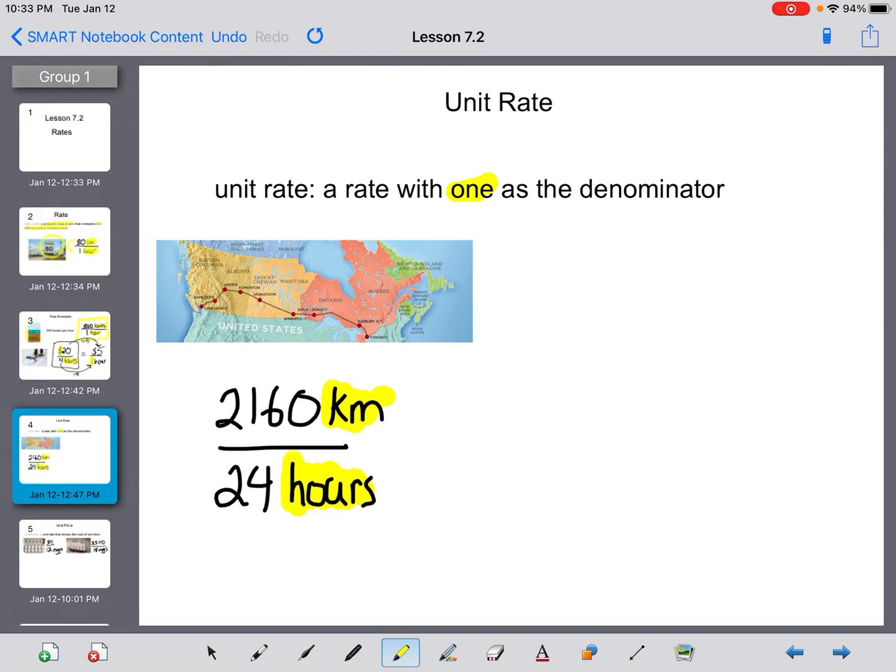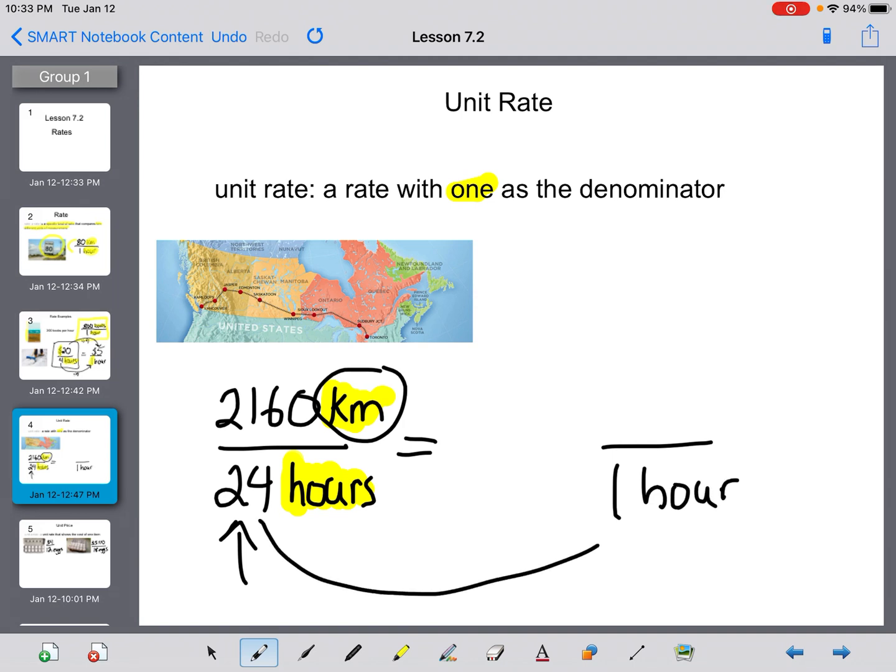Now, maybe you want to ask me, well, Ms. Nyhoff, if it took you 24 hours to go 2,160 kilometers, what was your rate, or how fast were you driving on average? So again, what we're doing is we're looking for that unit rate. You know how far I went in 24 hours, but now you want to know how far I traveled in 1 hour.